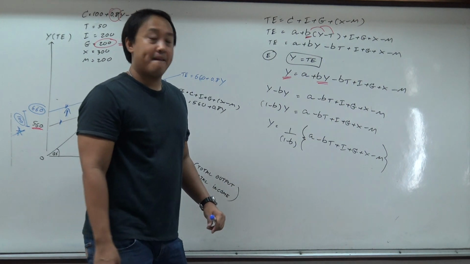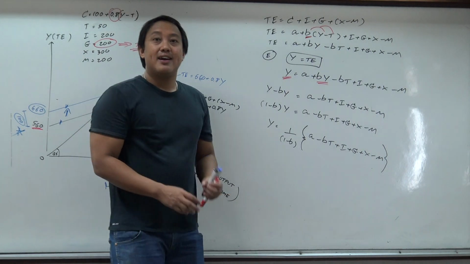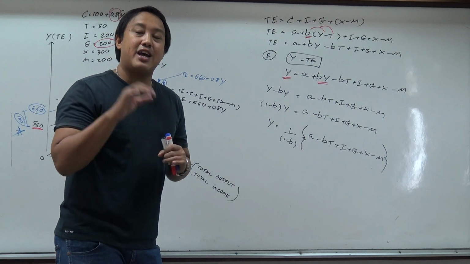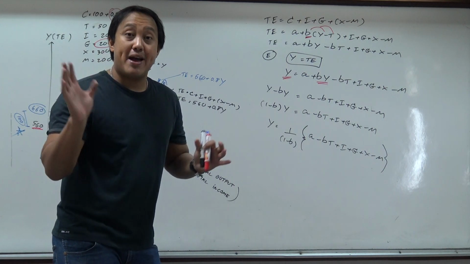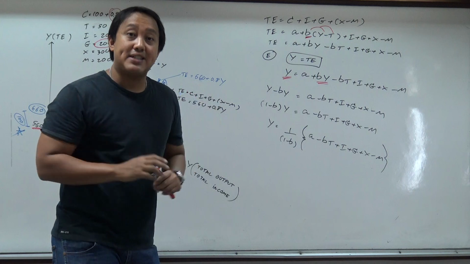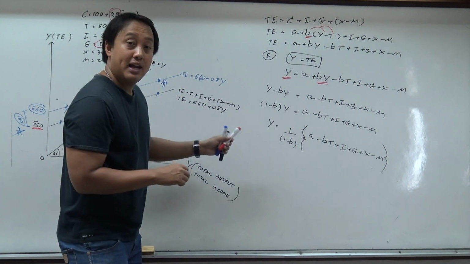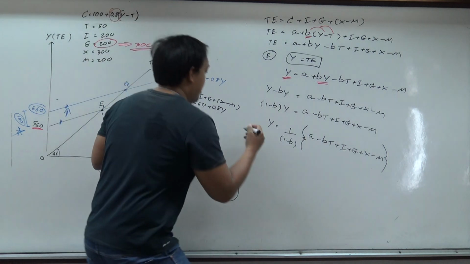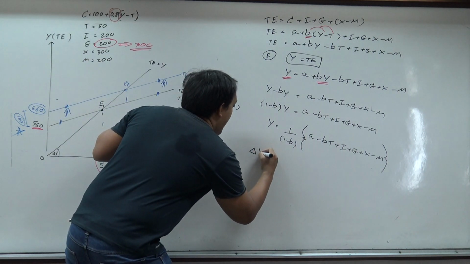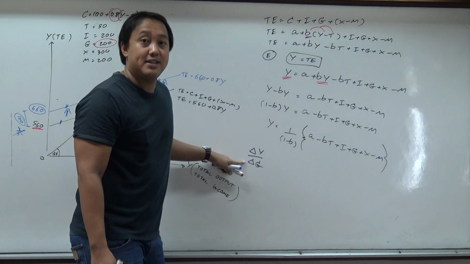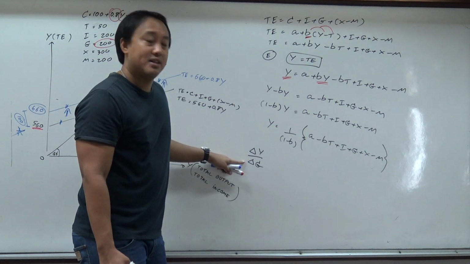So then next, this is going to be a little bit difficult, okay? What I'm going to do next is what we call in mathematics a partial derivative. Let me try to show you. Delta Y over delta G. Partial derivative is basic calculus.